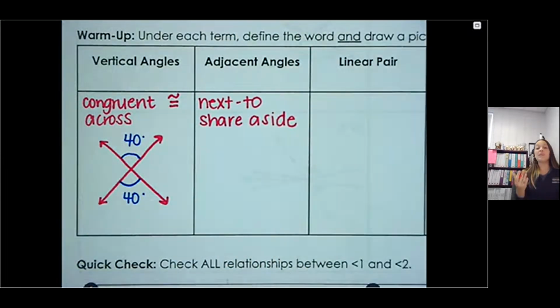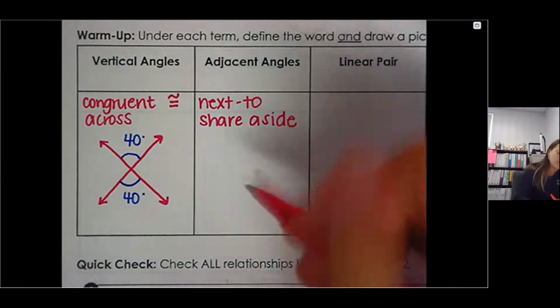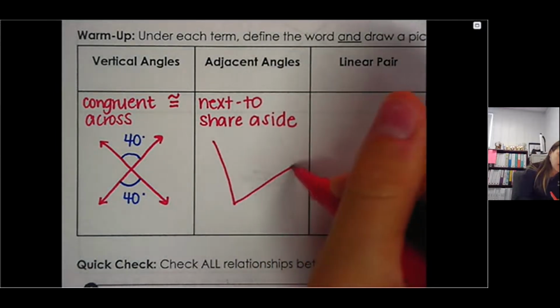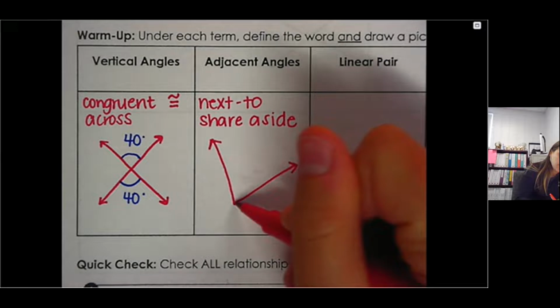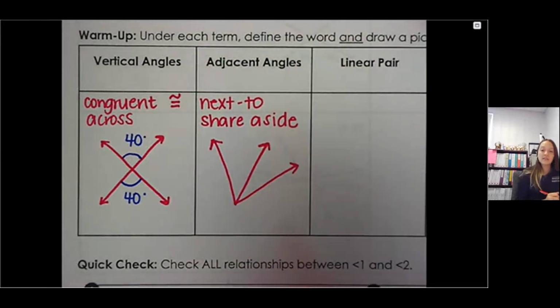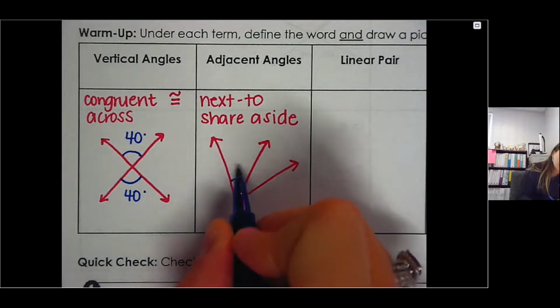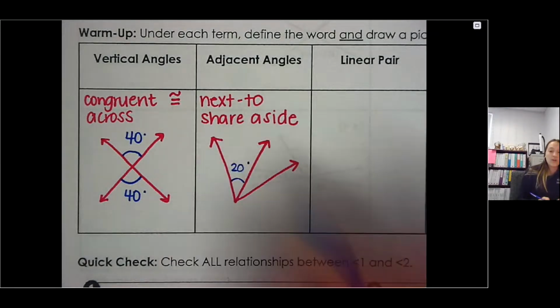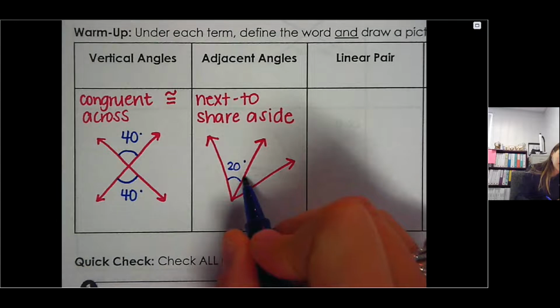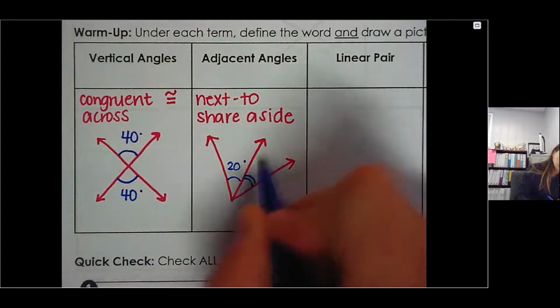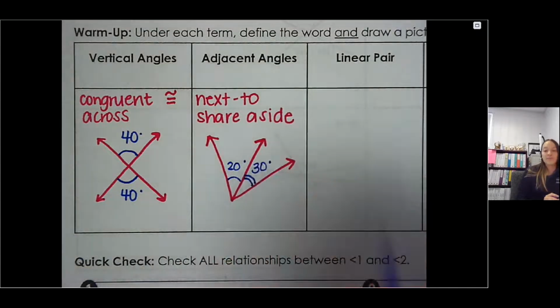Okay, so it does not matter what the size is of your adjacent angles as long as they have the same ray that they are touching, that they are sharing. An example, yours does not have to look like mine, could be something like this, where if I had one angle right here, let's say is 20 degrees, this angle right next to it is a different one, say 30.